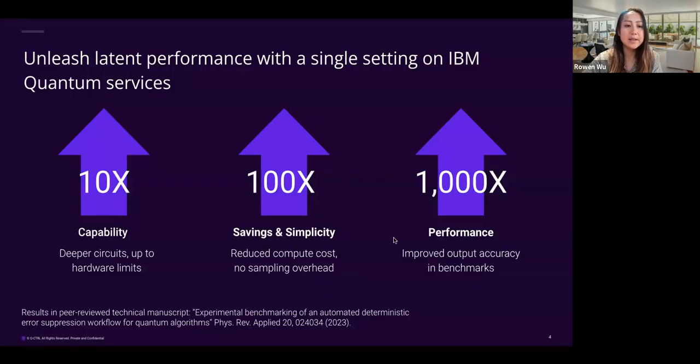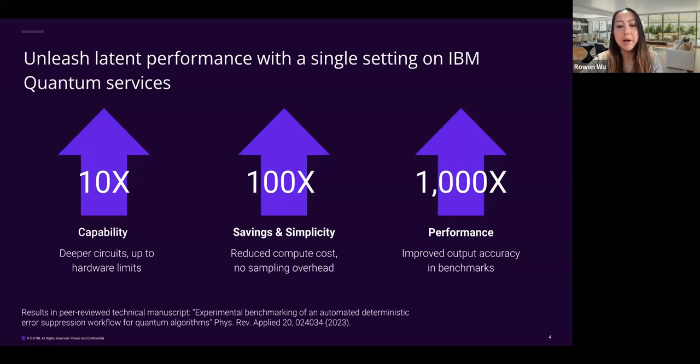And what this unlocks is the benefits of having many of these errors prevented before they happen. And this enables oftentimes 10 times deeper circuits to be run while still maintaining quality results and that clear signal of what the correct answer would be. In addition, this allows users to achieve 100x in time savings and simplicity.